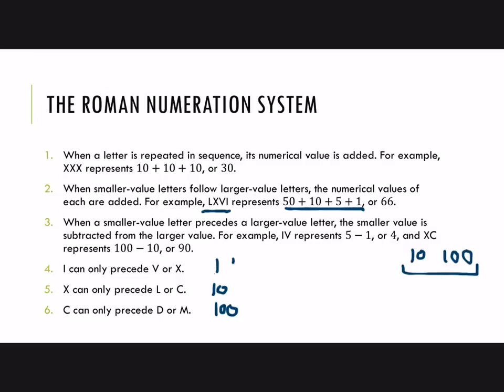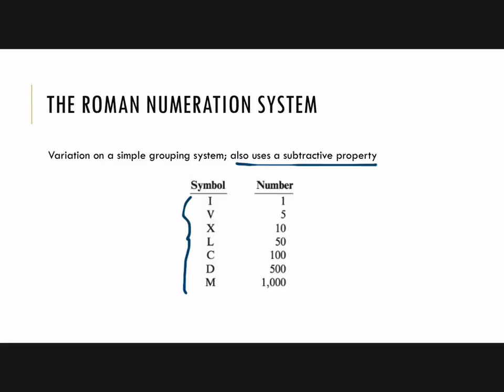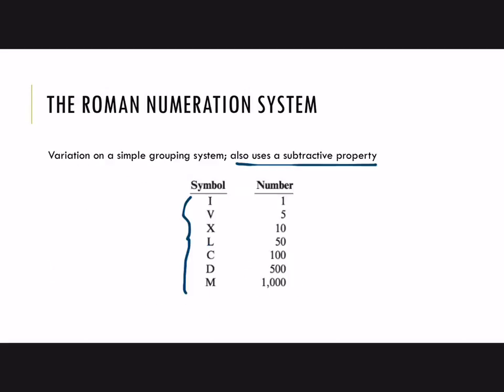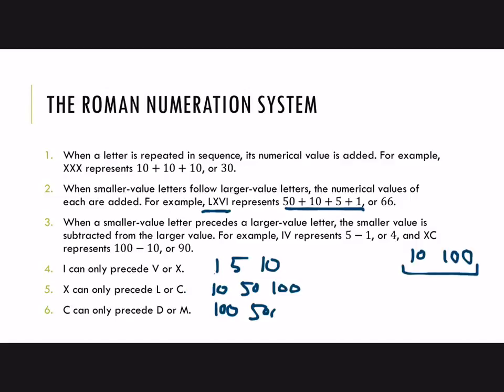So 1 can only go before 5s or 10s, 10s can only go before 50s or 100s. All right, and then C represents 100, and that can only precede 500 or 1,000.